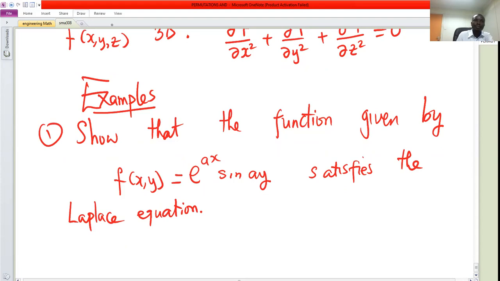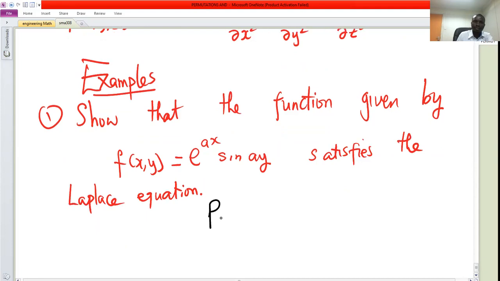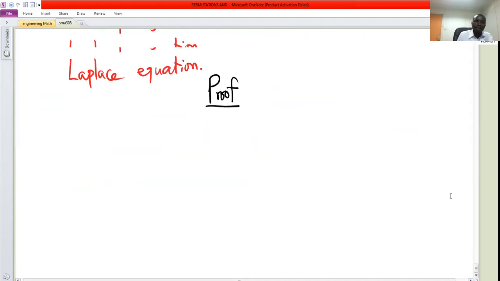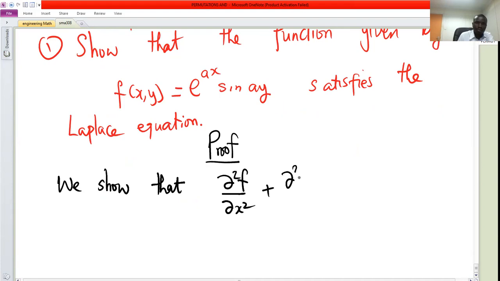So to prove this, we show that partial squared f partial x squared plus partial squared f partial y squared equals 0. So this is what we call the Laplace equation in 2 dimensions because we have an x and y.